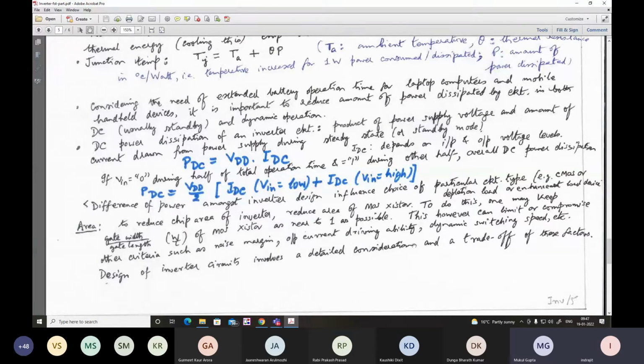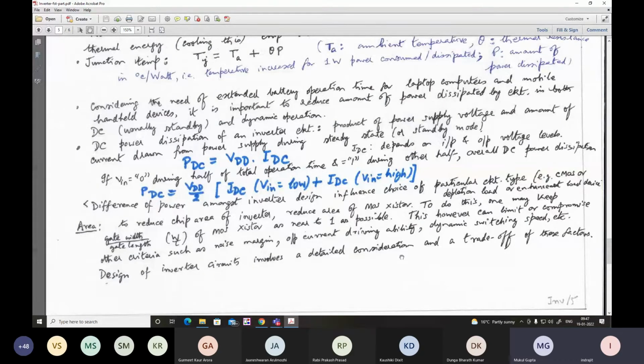So various targets one has to achieve as a designer. One is the speed, then the power dissipation, and then the area. Sometimes we have to draw a line: if we are aggressive in minimizing the area, we may miss the target of speed. So to attain a particular speed, a minimum area should be allowed. Also, if you increase the W in an unchecked manner, the power dissipation will increase, because current will increase.